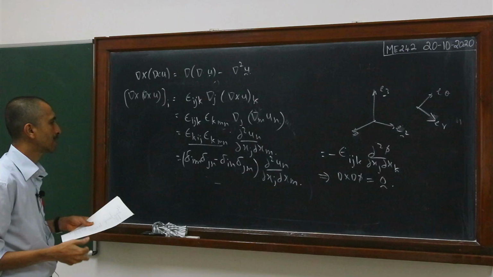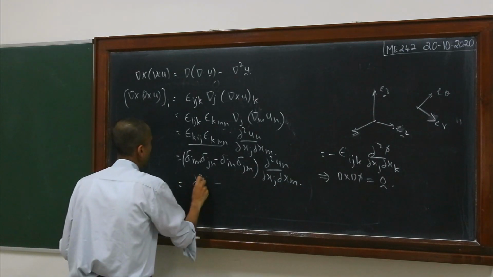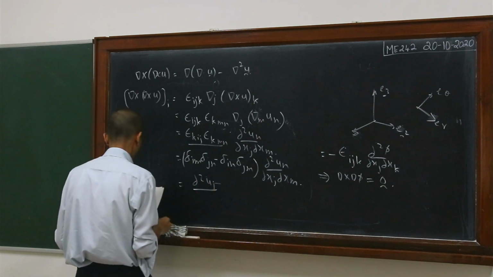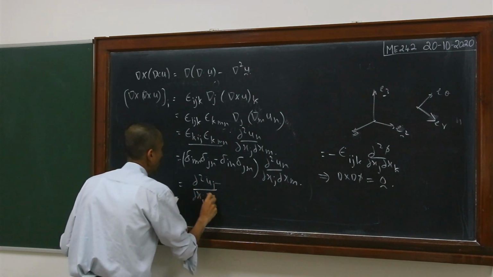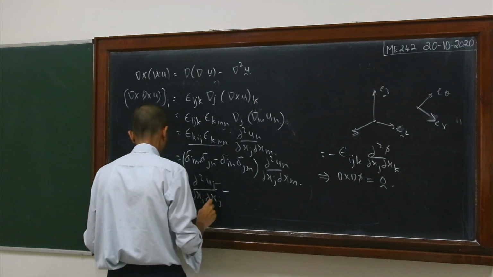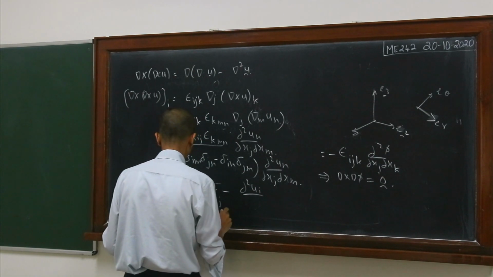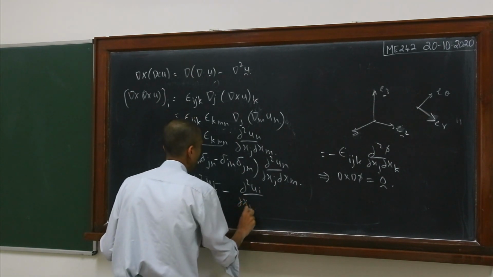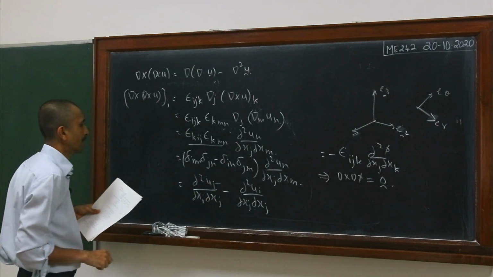Now use the substitution operator property. So this is equal to del square uj by del xi del xj minus del square ui by del xj del xj. So this is the result that we get.